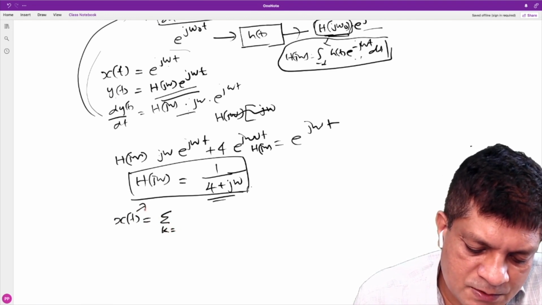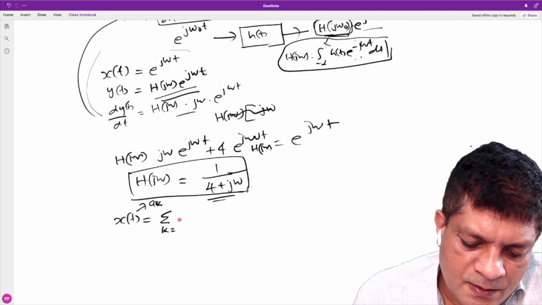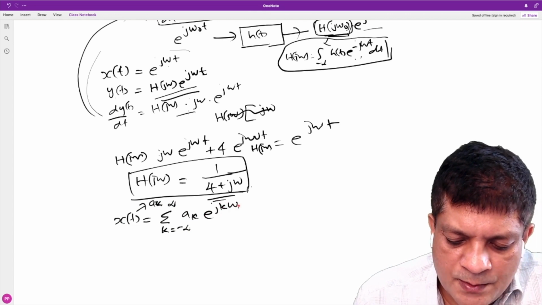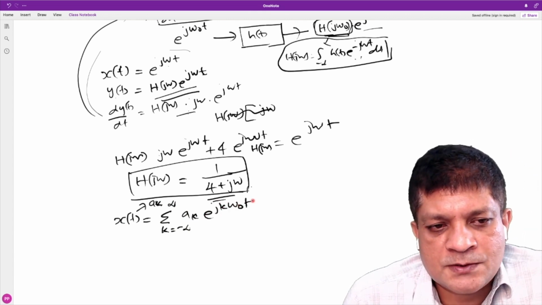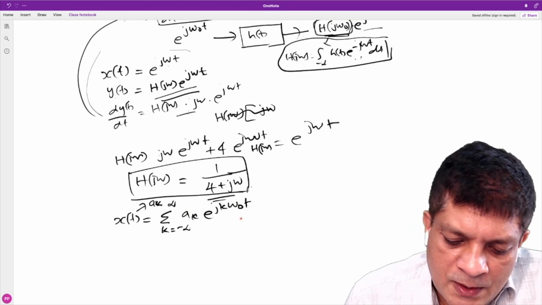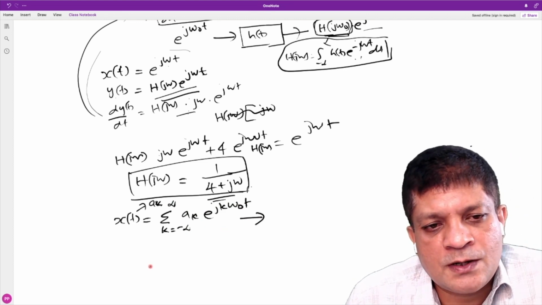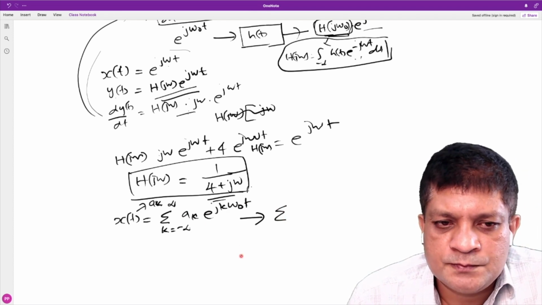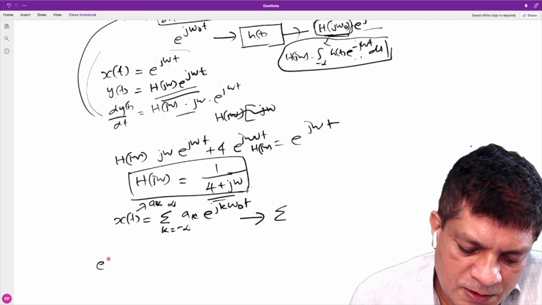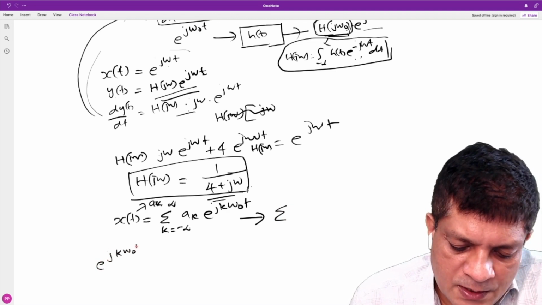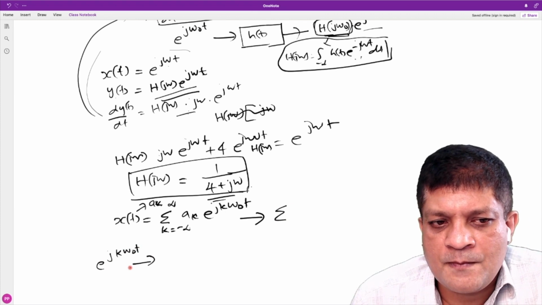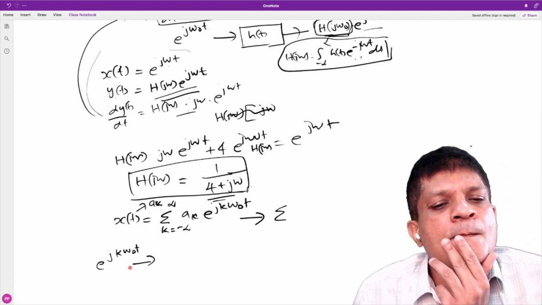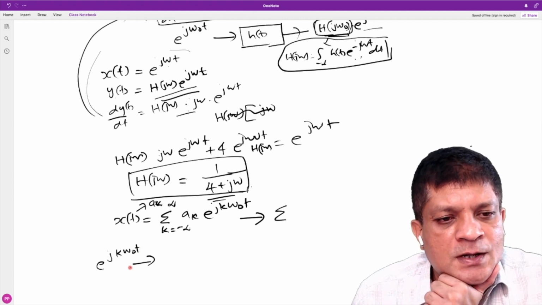If the Fourier series coefficients are a_k, it is the sum from minus infinity to infinity of a_k e to the power j k omega naught t. That is the Fourier series representation.